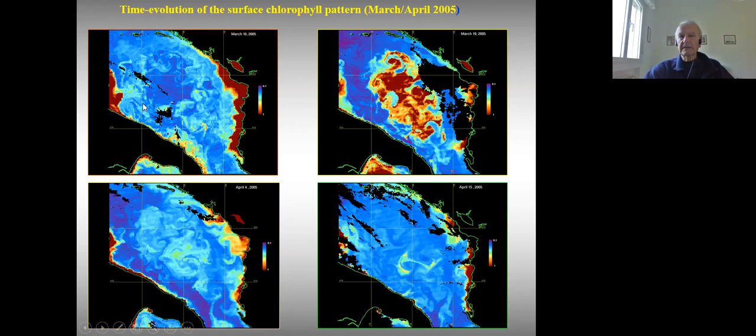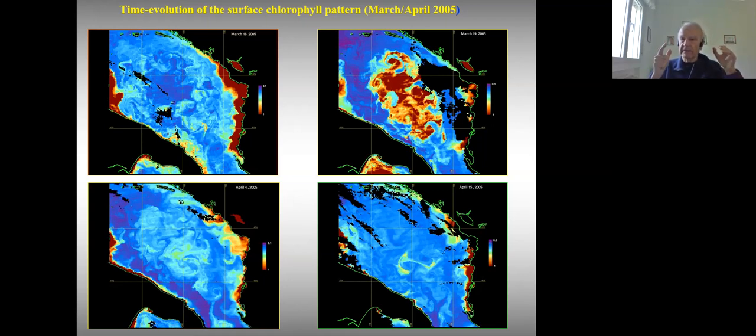What you can see here is a satellite image of the sea surface chlorophyll distribution. Why are we looking at the chlorophyll distribution while studying dense water formation? Because the signal which comes from the dense water formation can be seen in the chlorophyll.